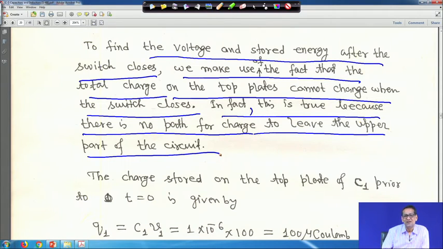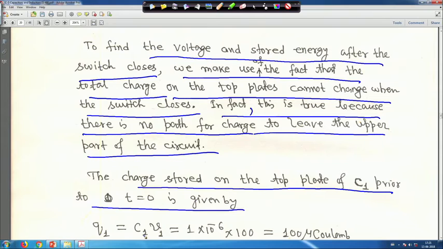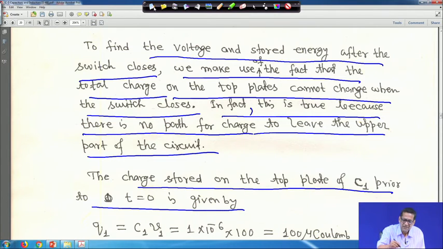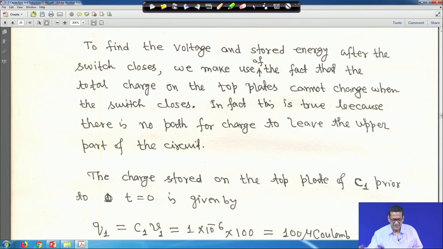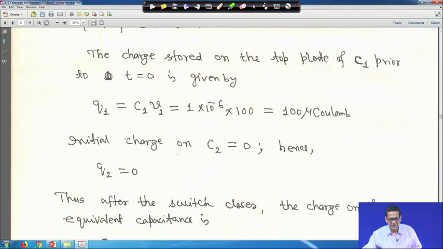Now the charge stored on the top plate of C1 prior to t equal to 0 is given by Q1 equal to C1 into V1, that is C1 is 1 microfarad, so 10 to the minus 6 into 100, that is 100 microcoulomb, the charge stored on the top plate of C1, right. Similarly, Q2, the initial charge on C2, is equal to 0.